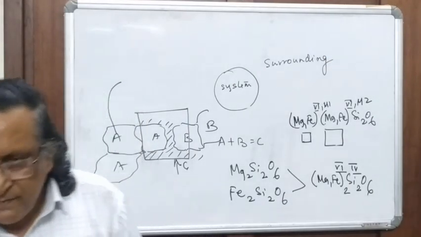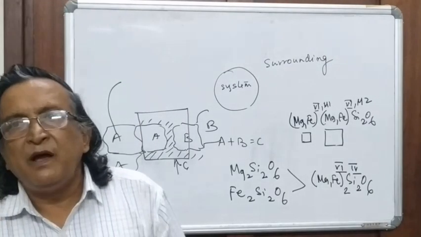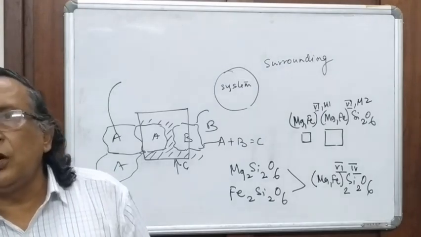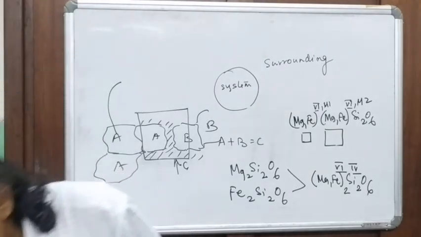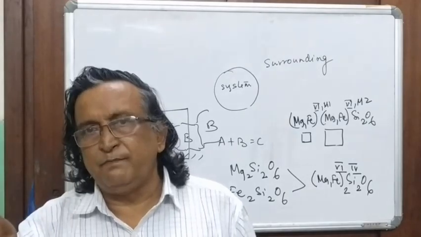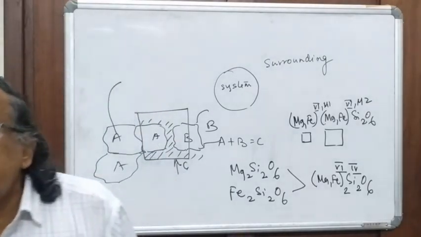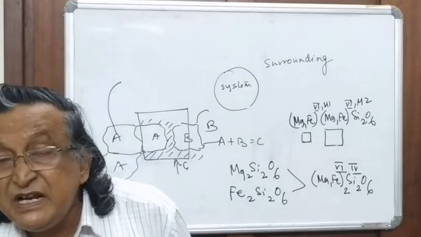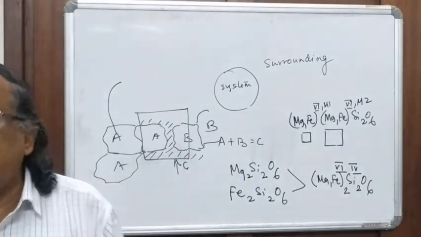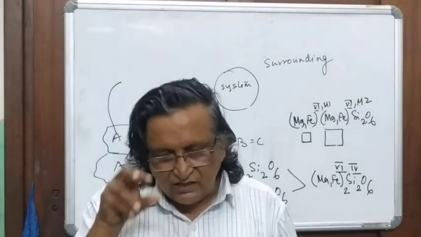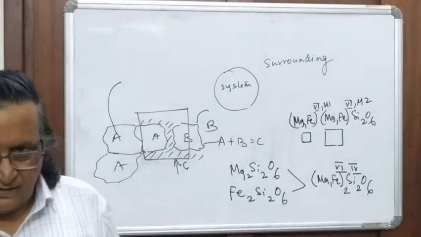That is why metamorphism is a process by which a rock changes mineralogically and chemically in response to changes in pressure, temperature, and conditions. Now, those pressure, temperature conditions are not inbuilt in the rock. That's in the surroundings. That's the first thing that you should understand.